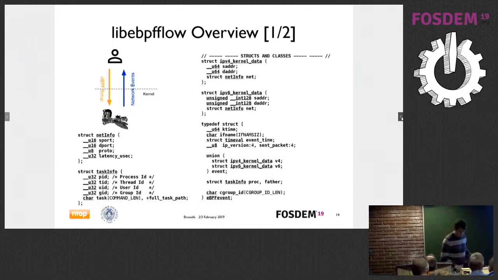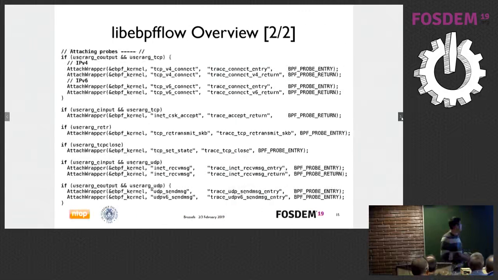To do this, we attach code to different kernel functions that are, for example, the TCP connector, which is triggered when the kernel connects to a remote or local host, or for example to intercept UDP or events concerning the change in the state of a socket.